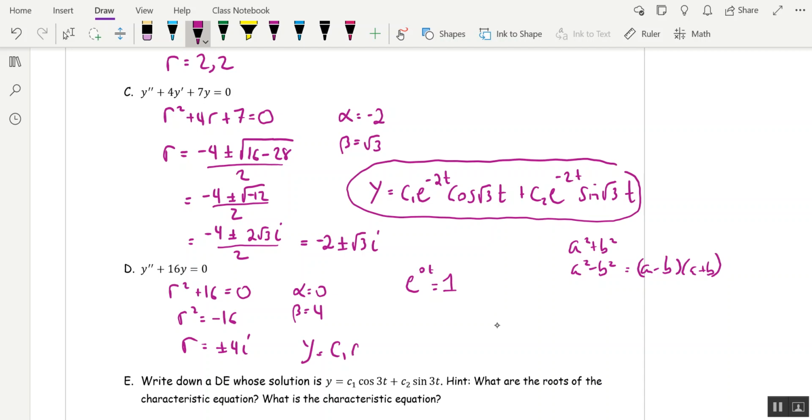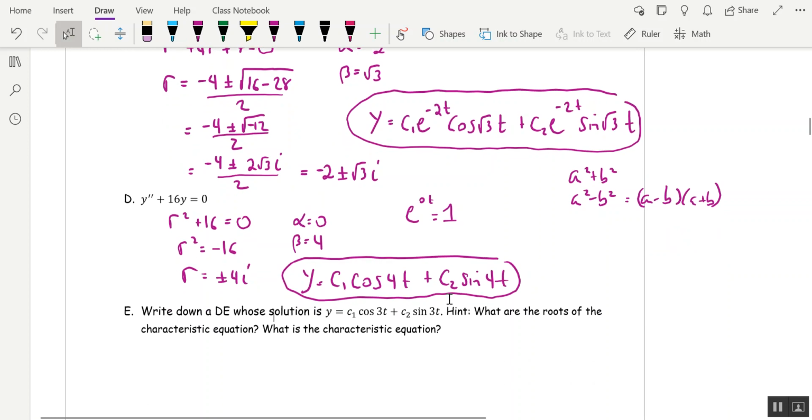Just skip that and go straight to cosine of beta t, which is 4t, and then c2, again, e to the 0t sine 4t. Okay, so that's an example of undamped motion. That solution is just going to oscillate forever.